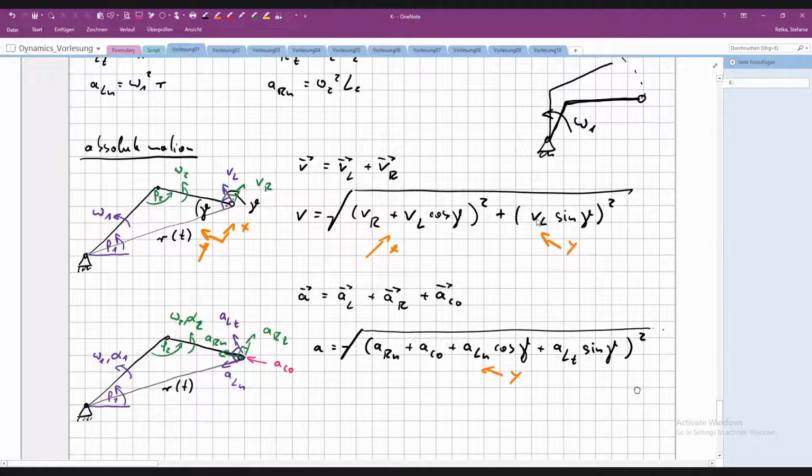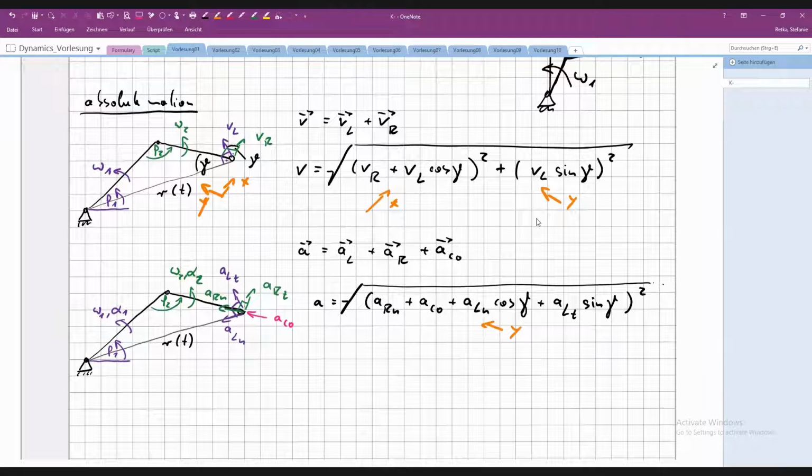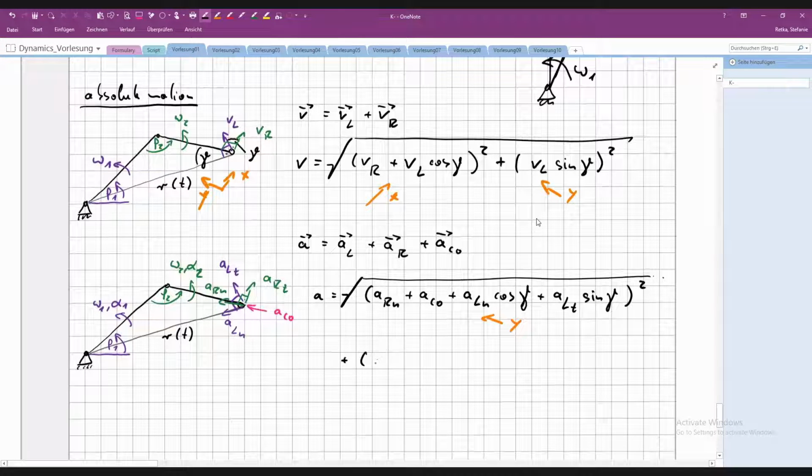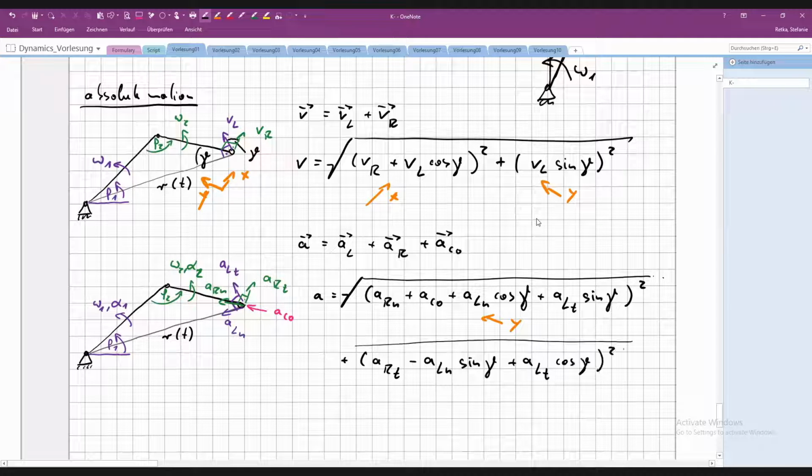And to move it up a little bit, plus AR tangential minus ALN sine gamma plus ALT cosine gamma. And that's the x direction.